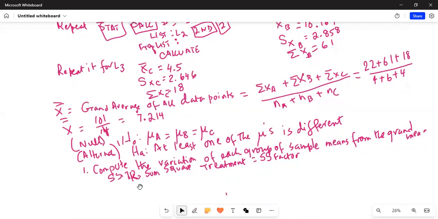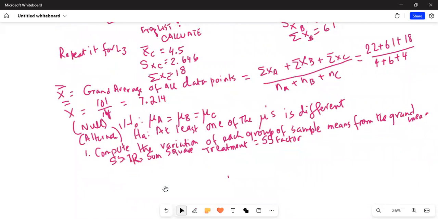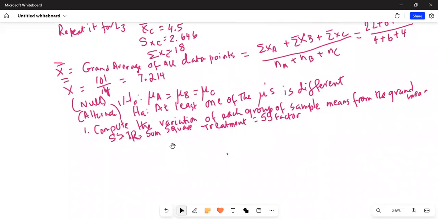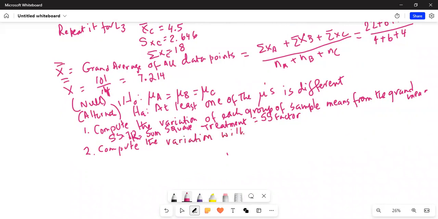The other variation we are going to calculate is the variation within each sample. And this is called sum square error.